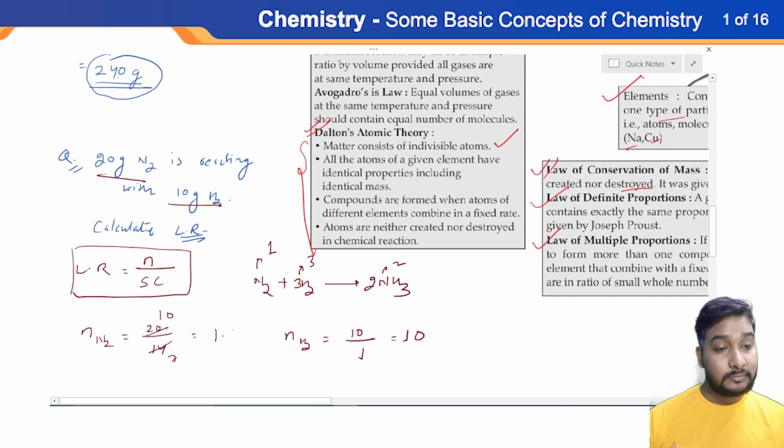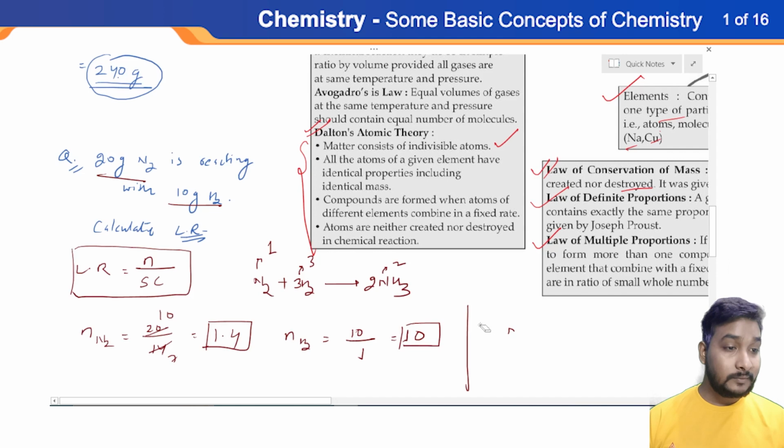So 1.4 is the moles of nitrogen and 10 is the moles of hydrogen. Now how can we calculate the limiting reagent? First, 1.4 upon the stoichiometric coefficient of nitrogen, which is 1, so it is 1.4. But for hydrogen, 10 divided by 3 is equal to 3.33.